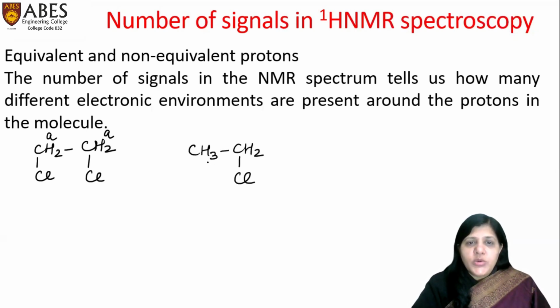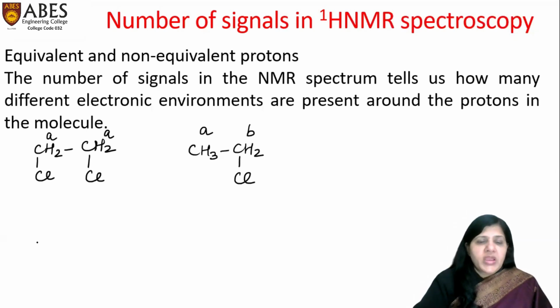But if we take this molecule here, we have two sets of protons. Methyl protons will give a signal different from the CH2 protons because now the electronic environment in the molecule is not symmetrical.